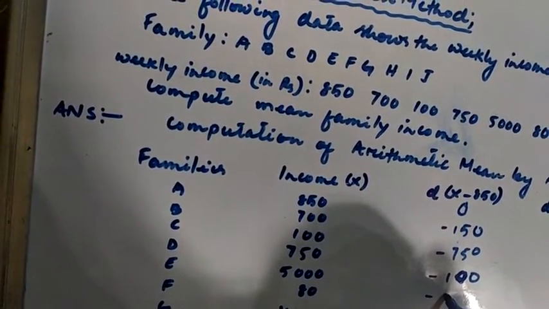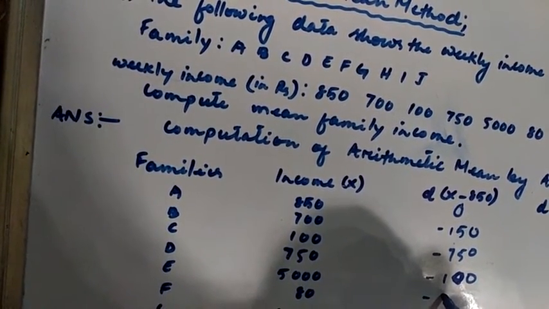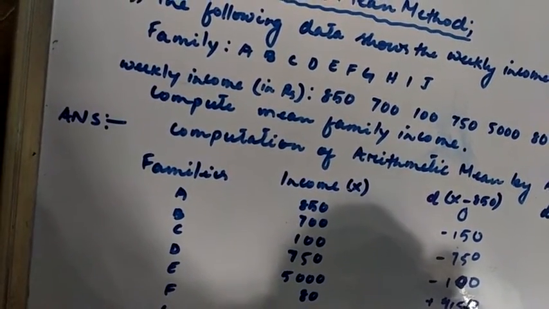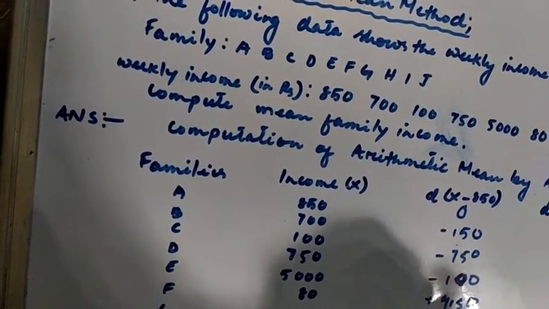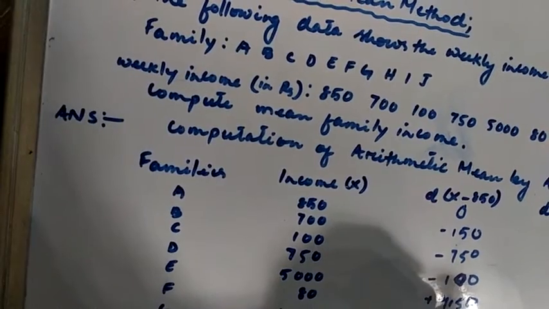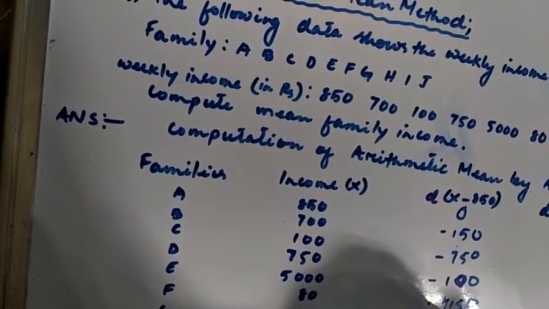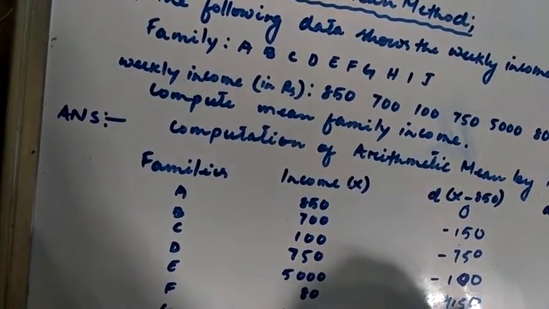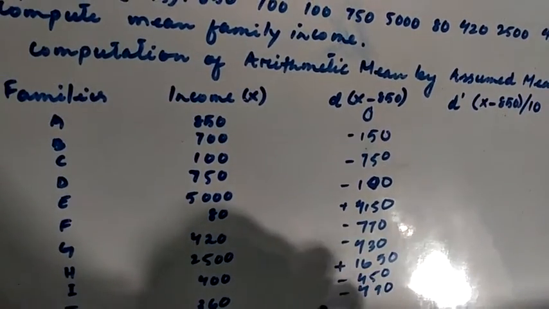5000 minus 850 is plus 4150, and then minus 770, minus 430, plus 1650, minus 450, and 360 minus 850 is minus 490.